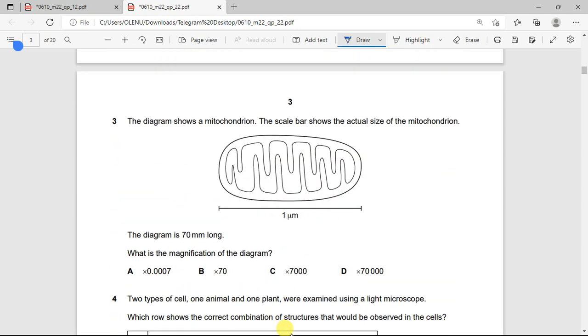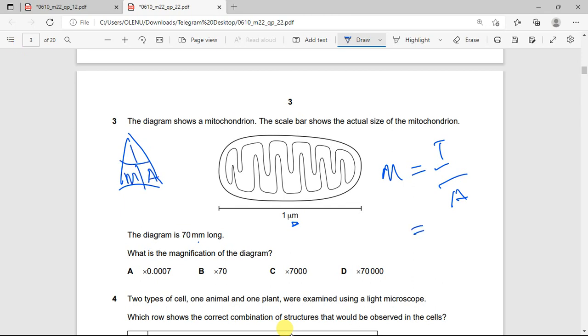Now the diagram shows a mitochondrion, and the scale bar shows the actual size of the mitochondrion. Now this is in micrometers. What is the magnification? Magnification is equal to image size over actual size. Remember your triangle. So this is MIA.